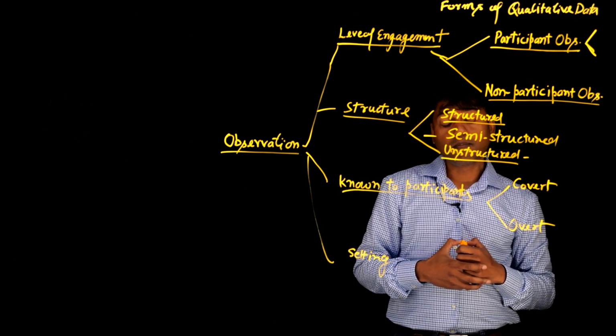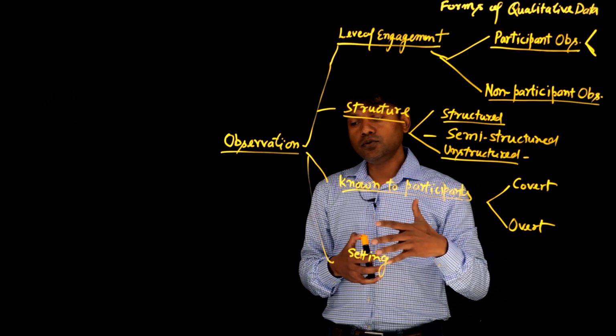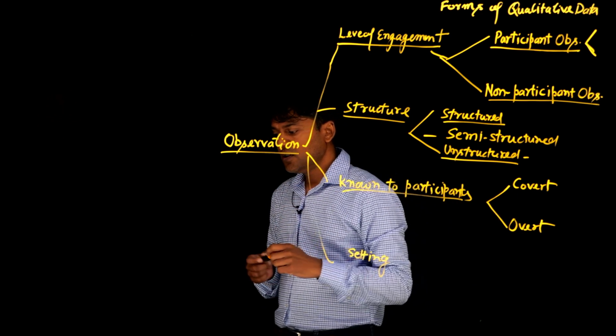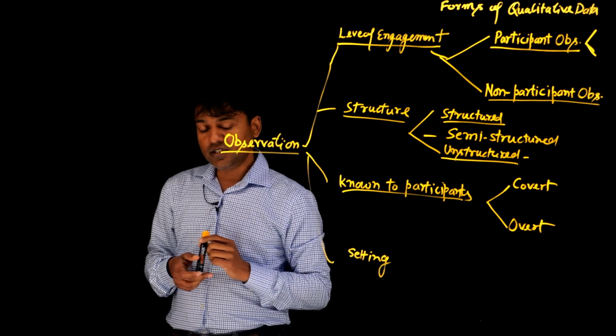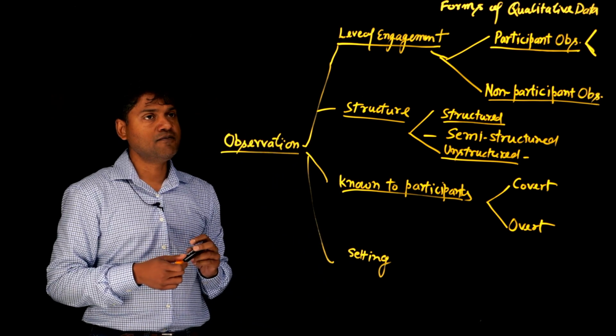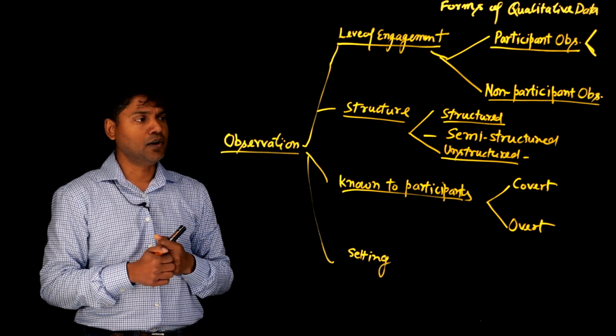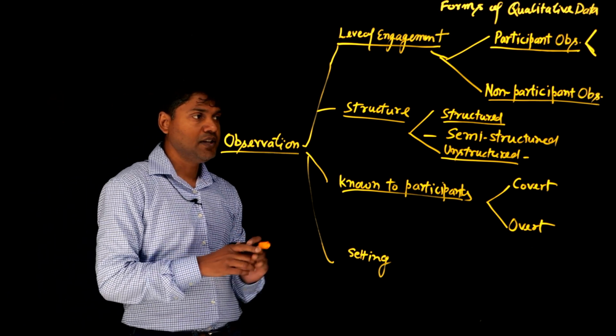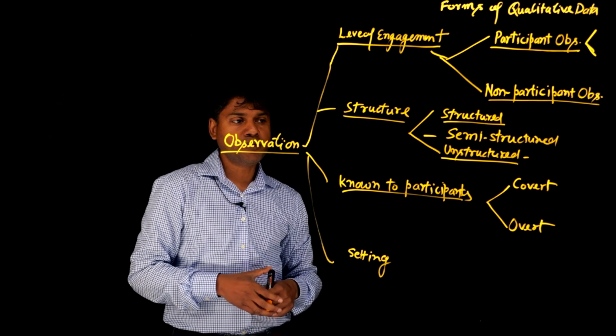So what do you do? You try to do a covert observation where you observe your participant without telling them that they are being observed, and once the observation is completed, you inform those people.